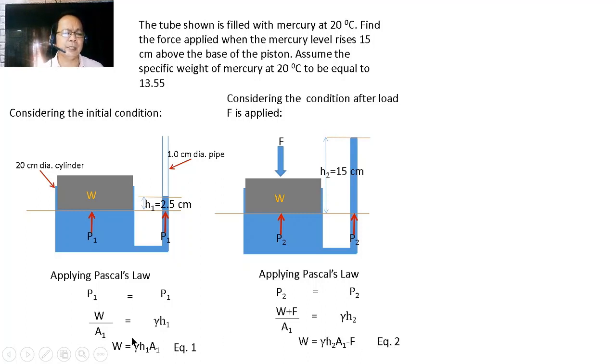Because we have here an equation that involves the weight of the piston, which are actually the same piston, makatwid, we can equate equation 1 and equation 2, so that when equated, we shall have gamma H sub 1 A sub 1 equal to gamma H sub 2 A sub 2 minus F.